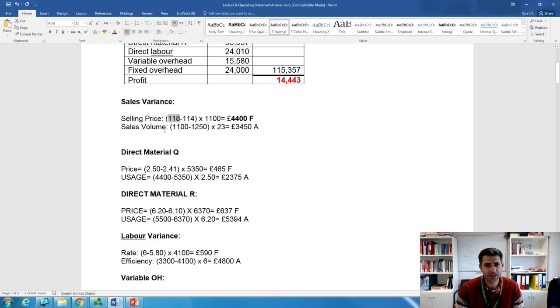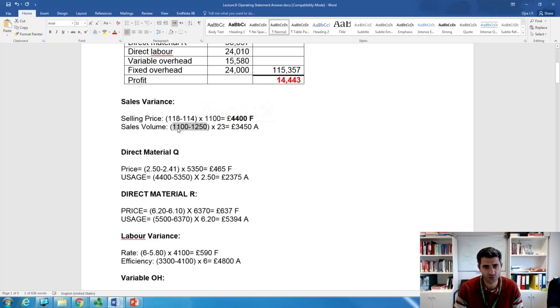The second variance for sales is the sales volume variance, which is the actual sales units minus the budgeted sales units.